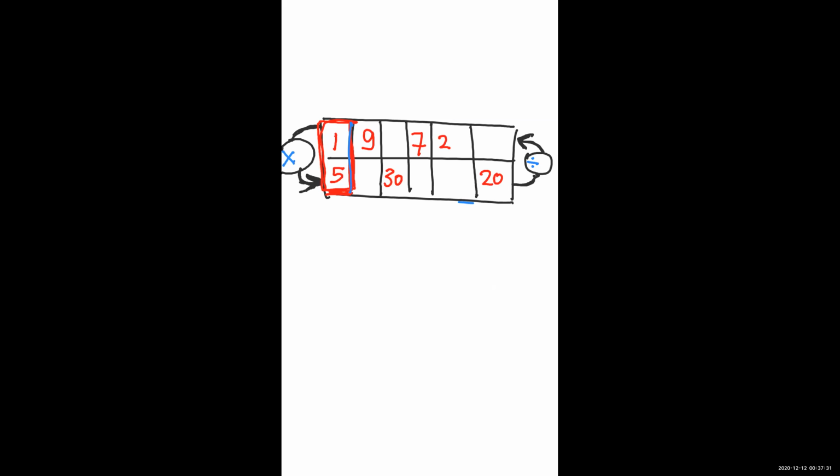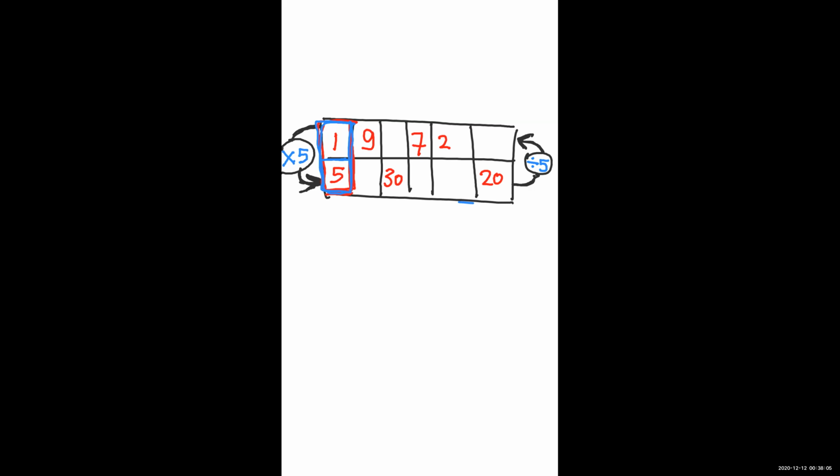So this one, 1 over 5. Now 1 was multiplied by a number so it becomes 5. So this means it was multiplied by 5. Then 5 divided by 1 also gives 5. So here we multiply by 5, and this means we divide by 5.